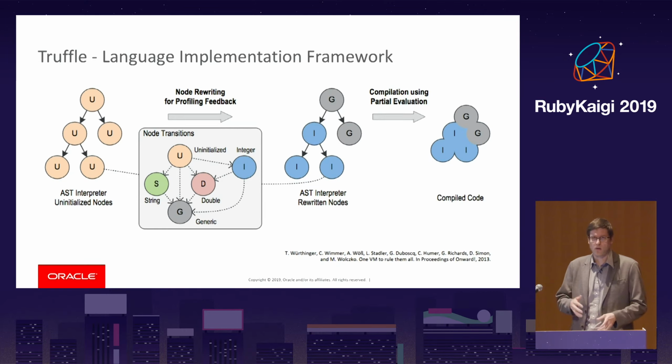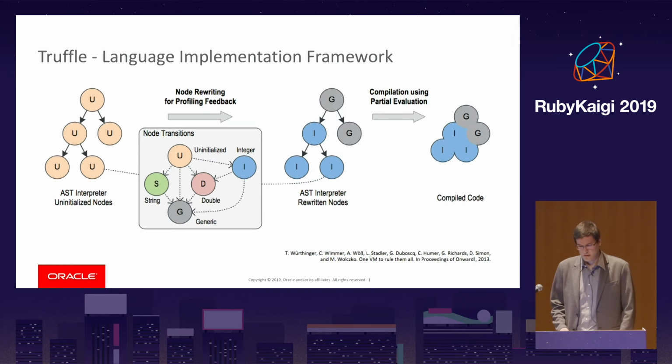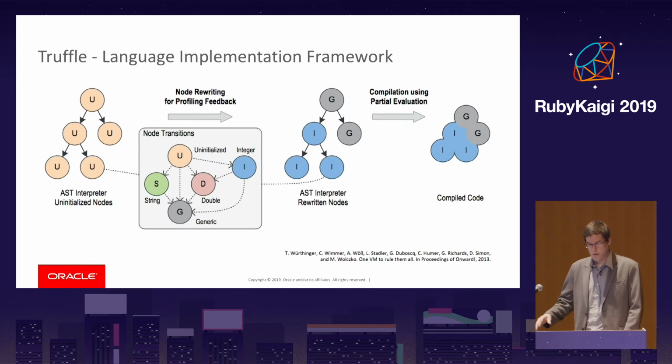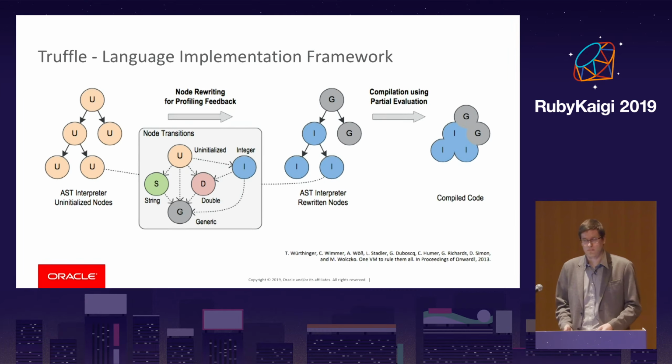And this is happening in all the nodes. And when this tree of nodes is stabilized, then it can be partially evaluated and compiled together. And during the partial evaluation, all the code which is responsible for the node replacements just drops out, and what you are left with is very well optimized machine code.